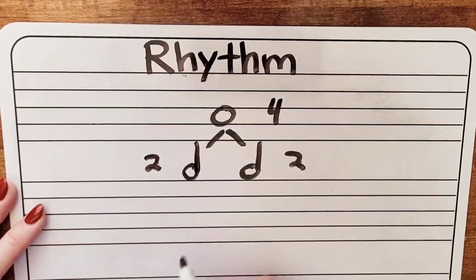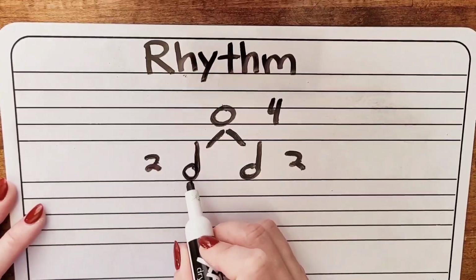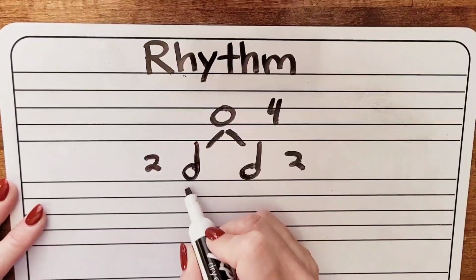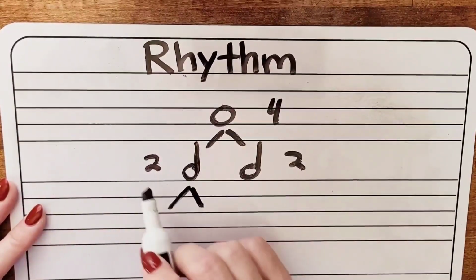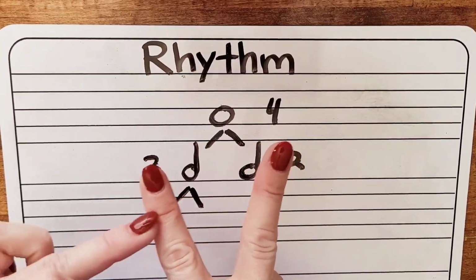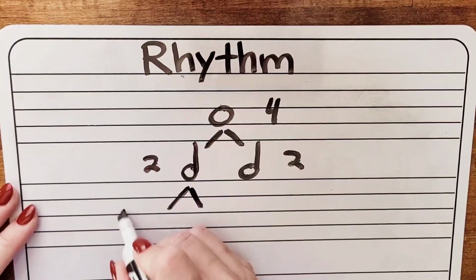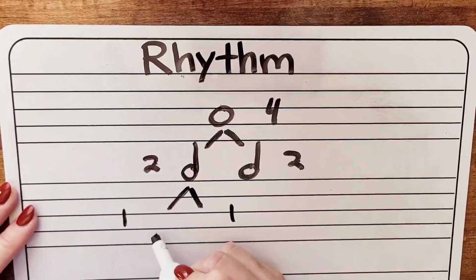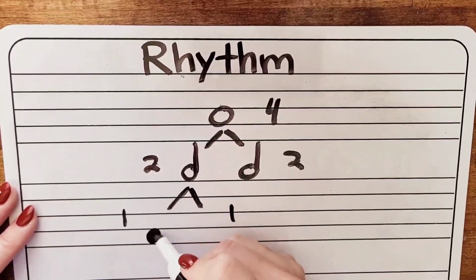If I were to split just one of these half notes into 2, I would say 2 beats split down the middle is 1 and 1, which would give me 2 quarter notes.